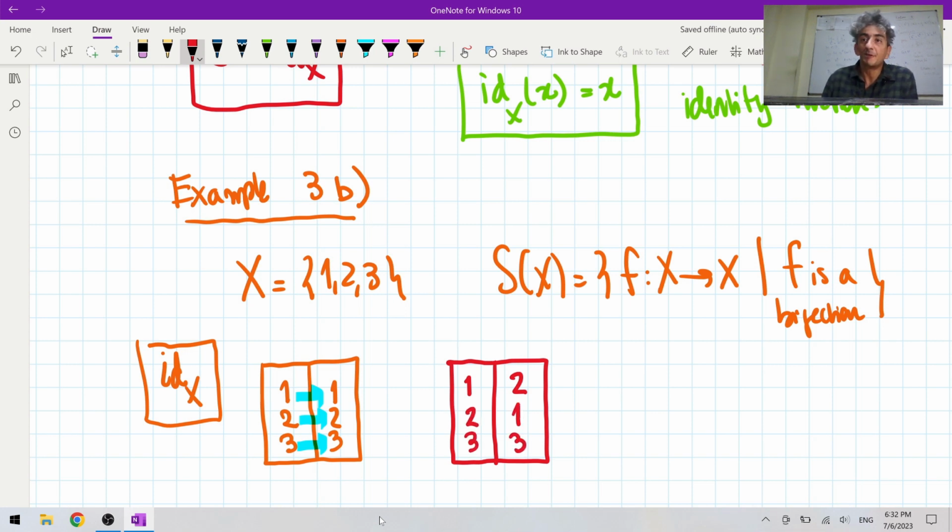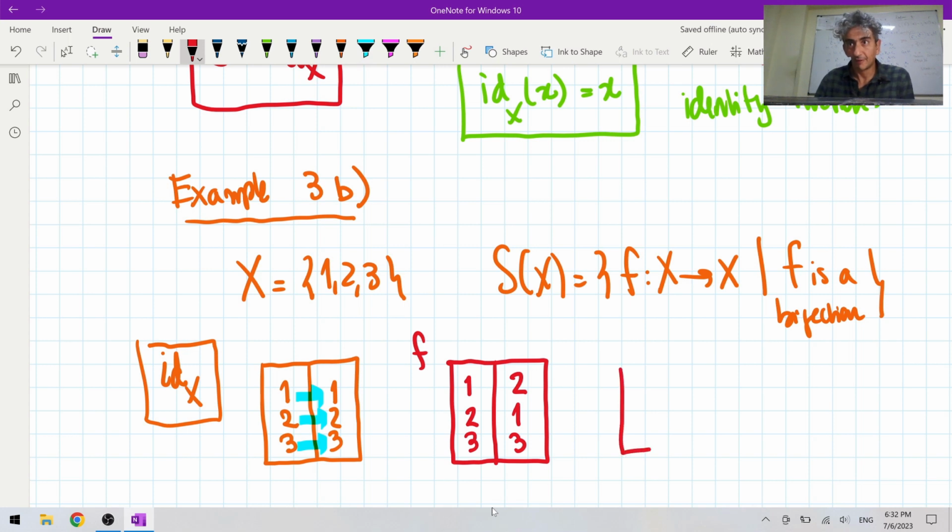This is another element of S(X), since this is a bijection. Now this function takes exactly the set {1, 2, 3} to the set {1, 2, 3}. Simply a reordering.